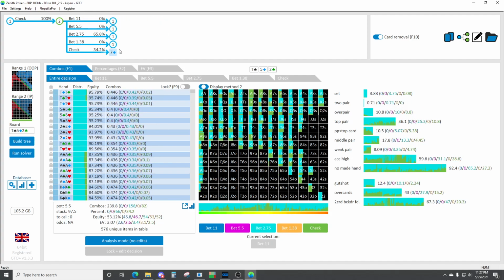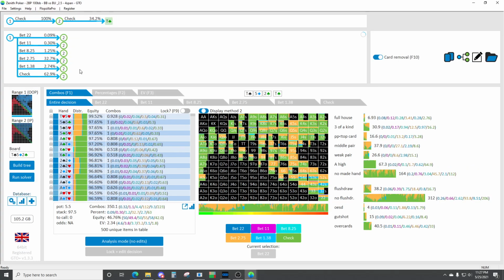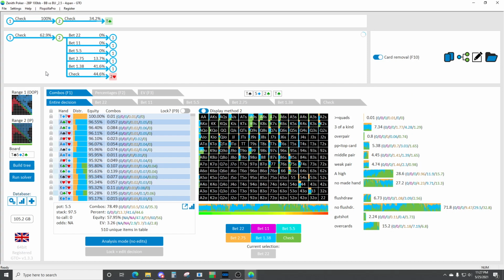And then if you look at the check back line, the 10 is slightly better for the in position player because none of the air from out of position improved. So in position still has a damning equity advantage in high card hands.